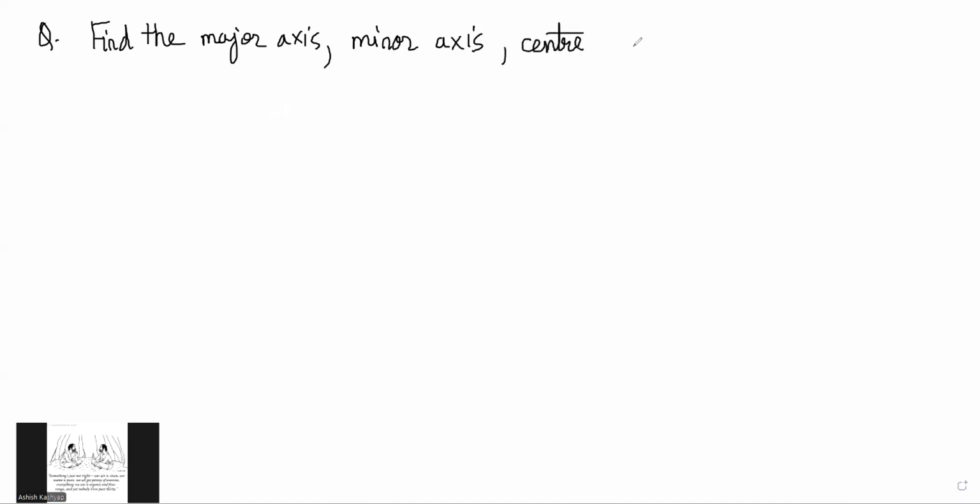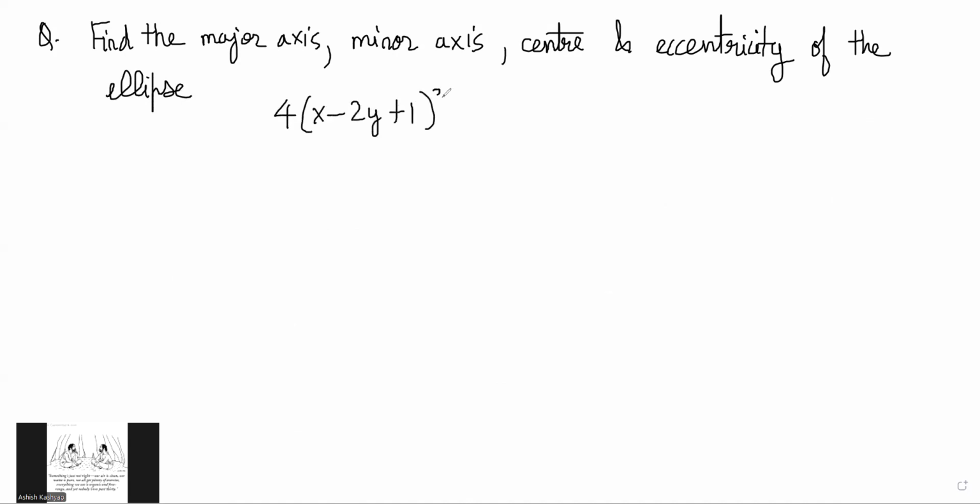So the question is, find the major axis, minor axis, center, and eccentricity of the ellipse 4 into (x minus 2y plus 1) whole square plus 9 into (2x plus y plus 2) whole square is equal to 180. This is my question, right?